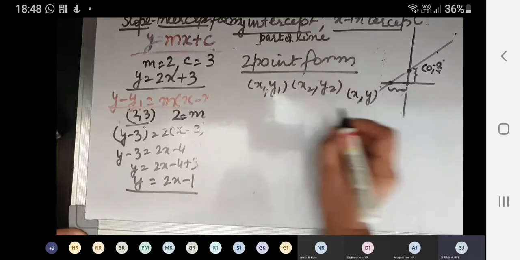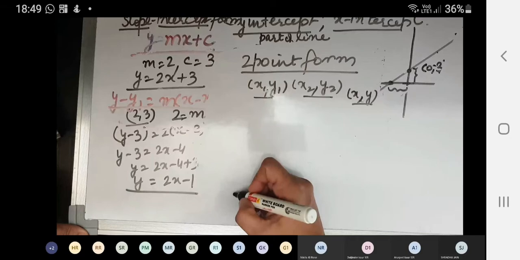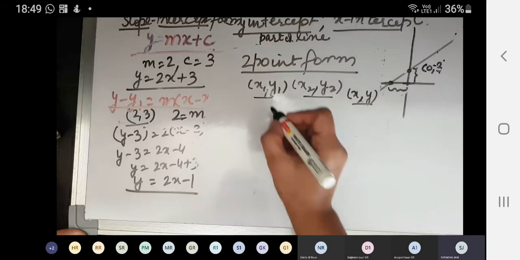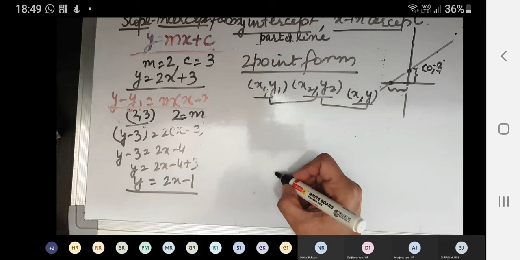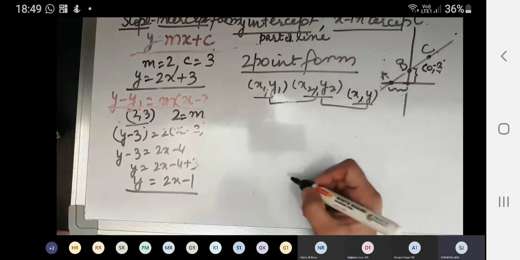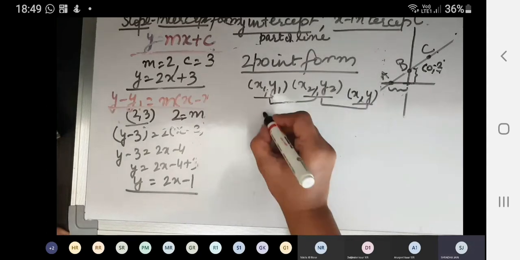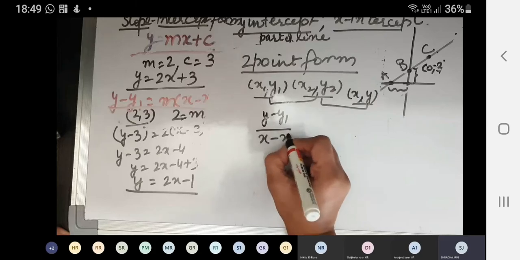Now it means these three points lie on the line. So the slope of these two or these two is the same. If the three points are A, B, C, how will I write the slope with these two? y minus y1 upon x minus x1.